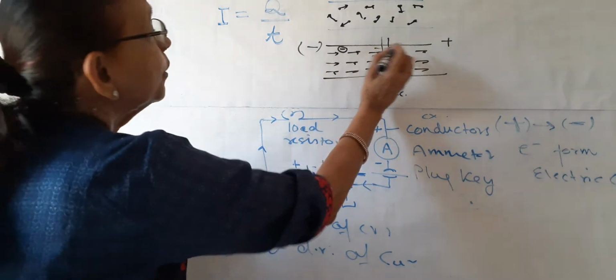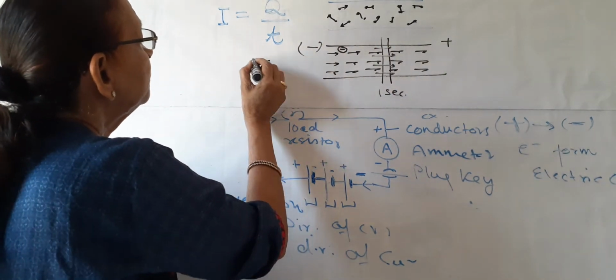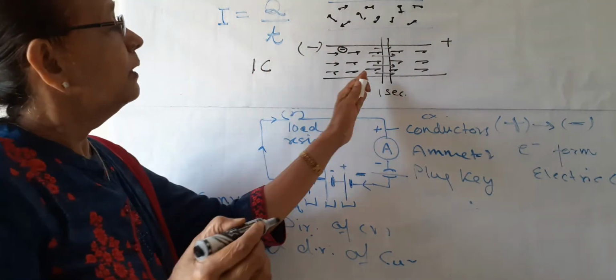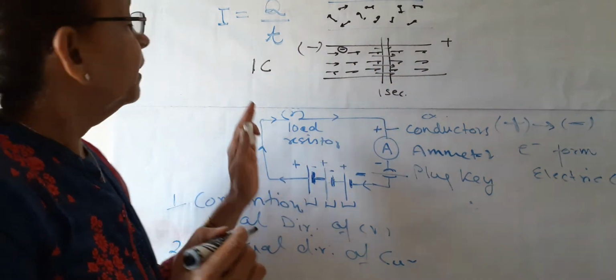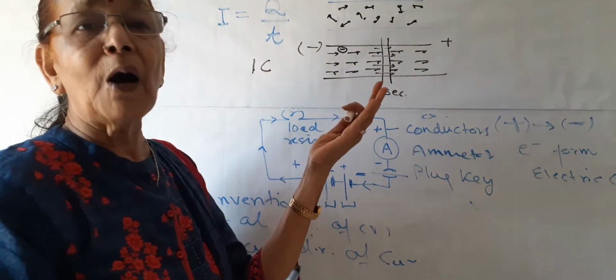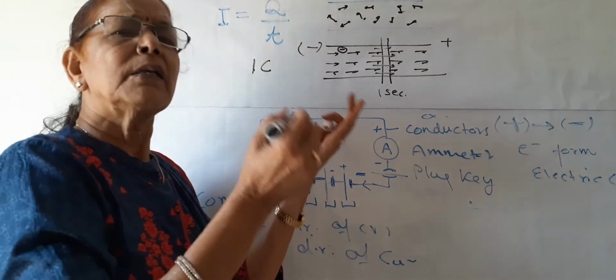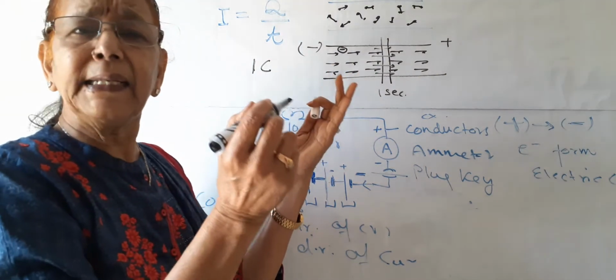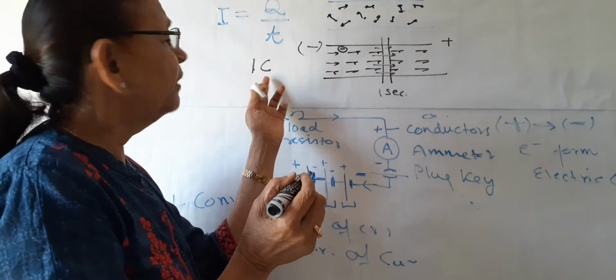Suppose Q charge, 1 coulomb charge, has passed through this gap. If 1 coulomb charge passes, how many electrons? 6.25 into 10 to the power 18 electrons should pass to form 1 coulomb charge.